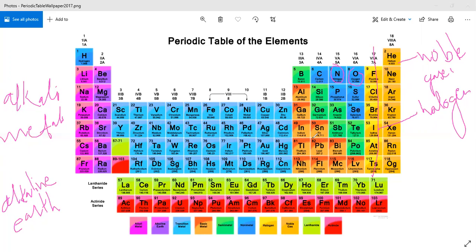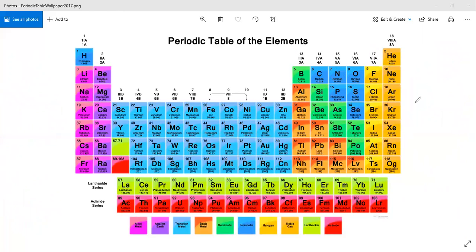The elements of group 14, the carbon family, have electronic configuration ending at ns2 np2. The electronic configuration of nitrogen family elements ends at ns2 np3. The electronic configuration of the oxygen family ends at ns2 np4. The electronic configuration of halogens ends at ns2 np5, and the electronic configuration of the last group, the noble gases, ends at ns2 np6, which means their outermost shell is completed with 8 electrons.